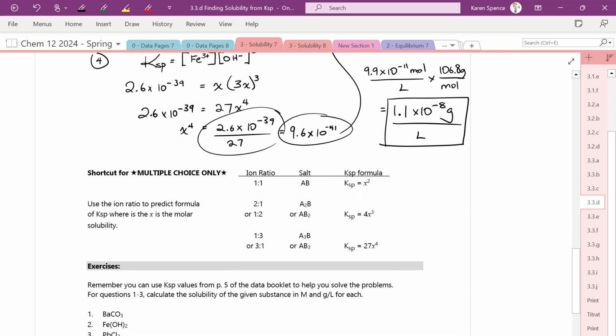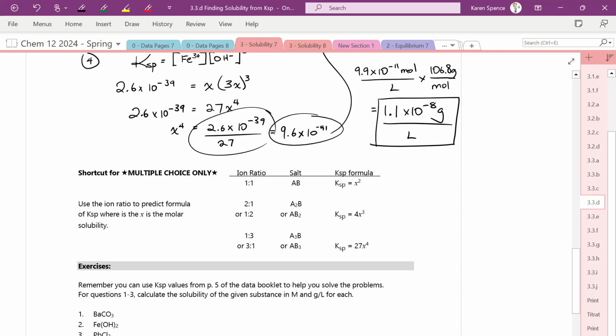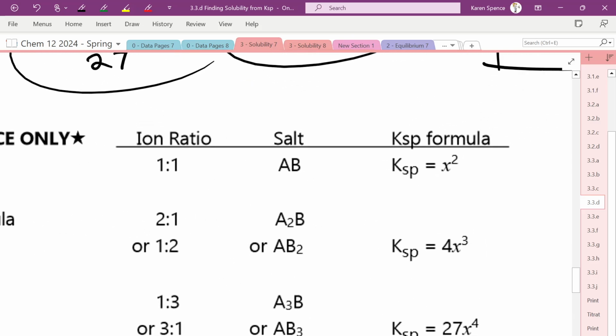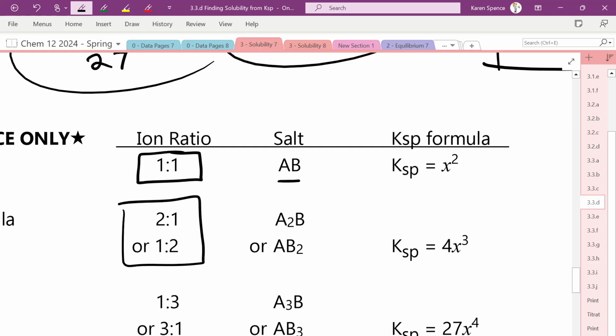No. And most of the time in a multiple choice question, you will either have a 1-to-1 ion ratio, like a salt AB, or you'll have a 2-to-1 or 1-to-2. Those are the 2 most common, okay?